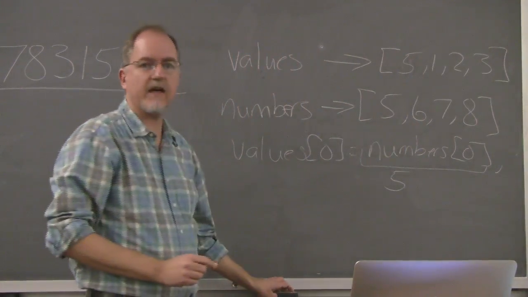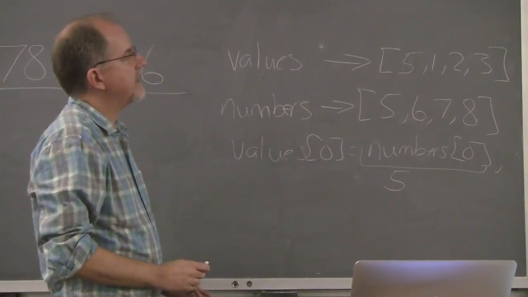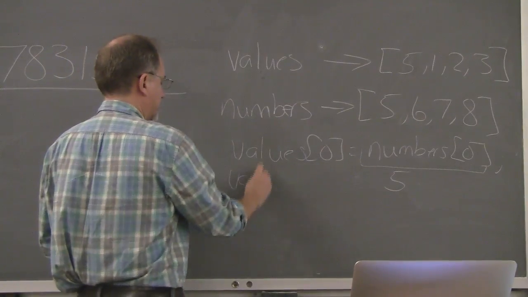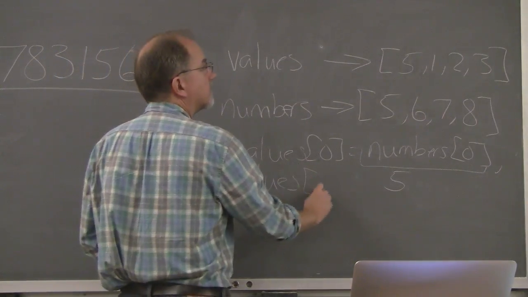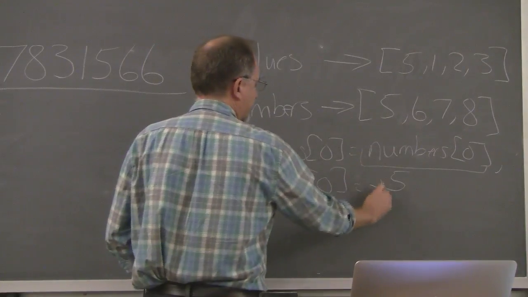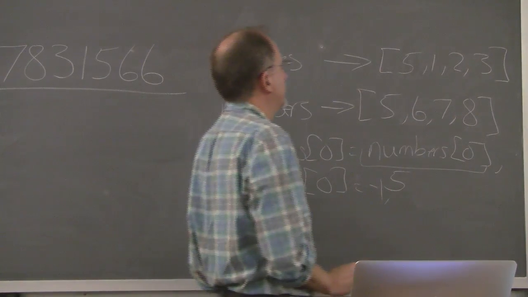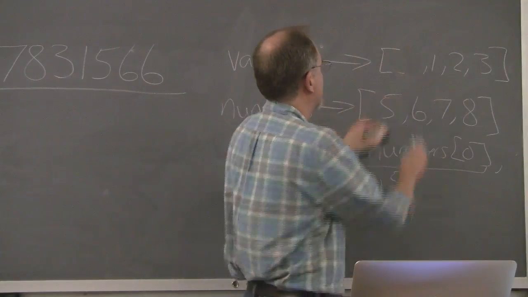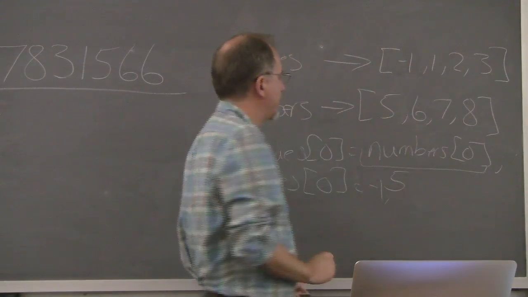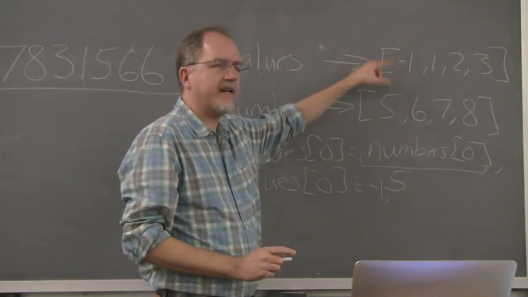We're changing the actual value stored in the array. Then I say numbers of 0 equals -1. That's pretty direct. Notice these two spots aren't connected in any way.